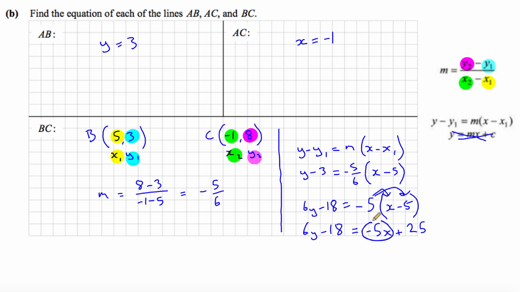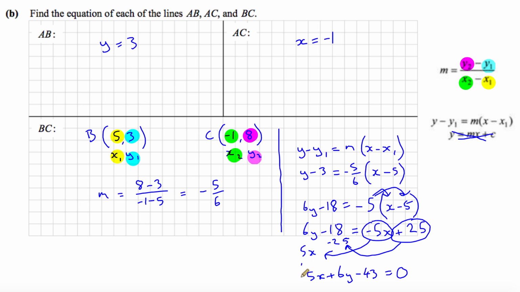So I'm going to bring this over here, it's going to become 5x, and I'm going to bring the positive 25 over here, and that's going to be minus 25. So that's going to leave me on the left hand side with 5x plus 6y, and then minus 18 minus 25, that is going to be minus 43, and I'm left with 0 on the right hand side.